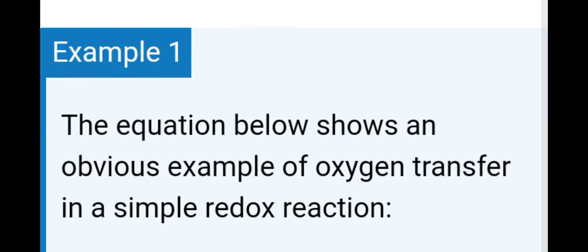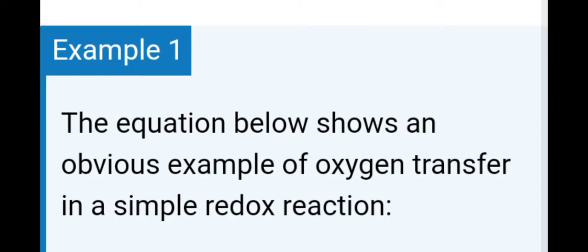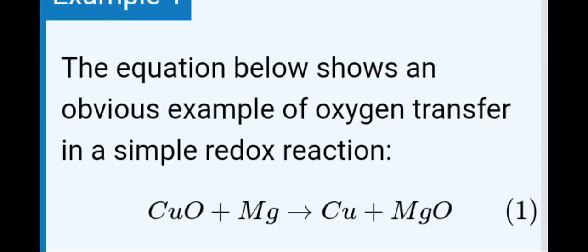For example, the equation below shows an obvious example of oxygen transfer in a simple redox reaction. A redox reaction is the combination of RED for reduction and OX for oxidation. Example, CuO plus Mg.